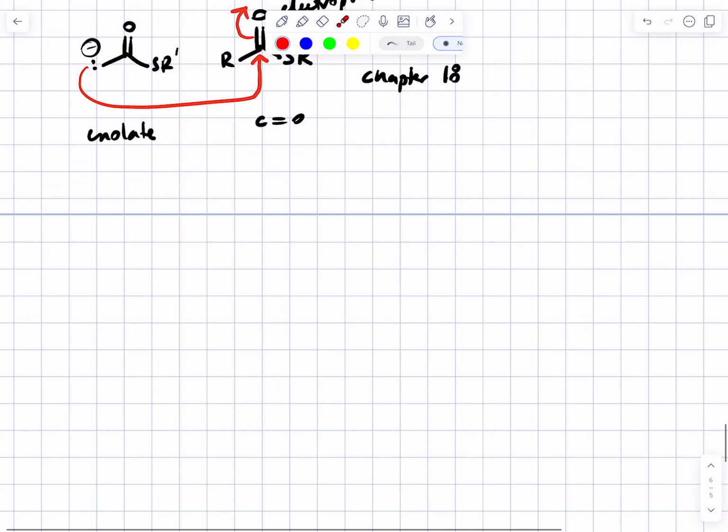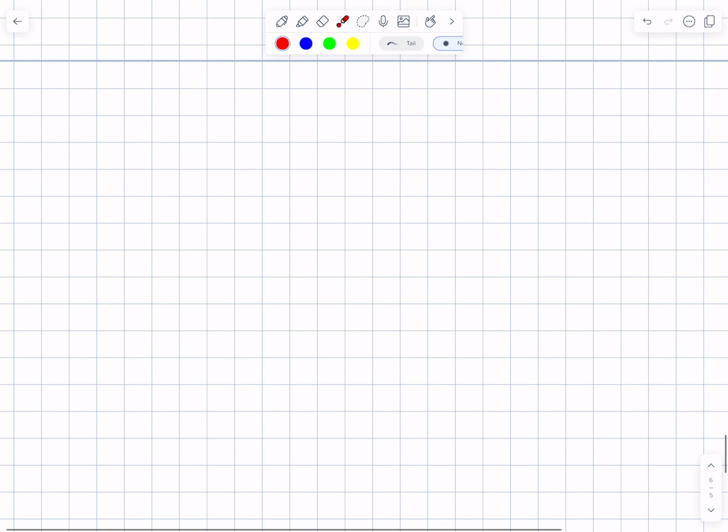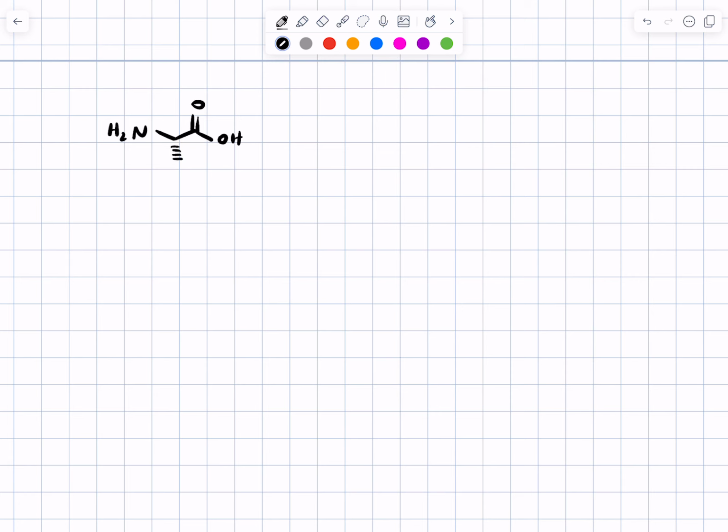The next thing is another decarboxylation reaction that happens in the generation of histamine. So what I'll show you here is, I want you to understand the ideas and the chemical steps without memorizing structures. What I'm drawing for you now is the amino acid called histidine.